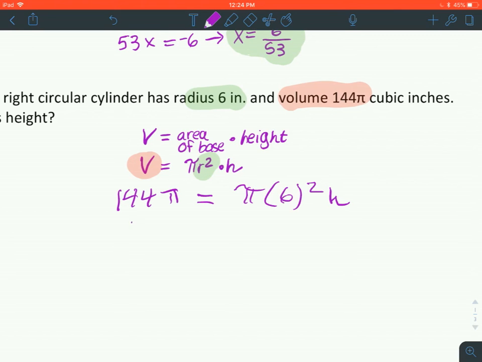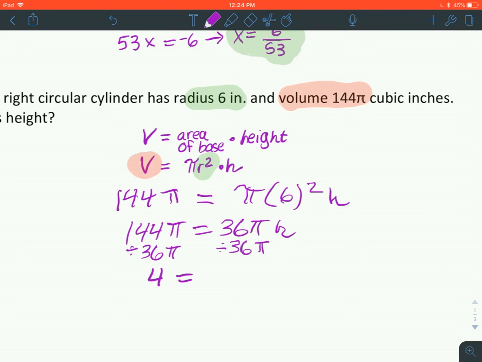Doing a little bit of simplifying, 144 pi equals, if I square 6 and multiply it by pi, 36 pi times h. Since all that's being multiplied, let's divide both sides by 36 pi. If you simplify 144 by 36 and the pi's divide out, you just end up with 4, measured in inches for your height.